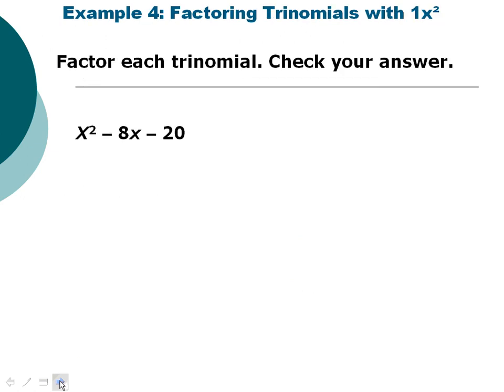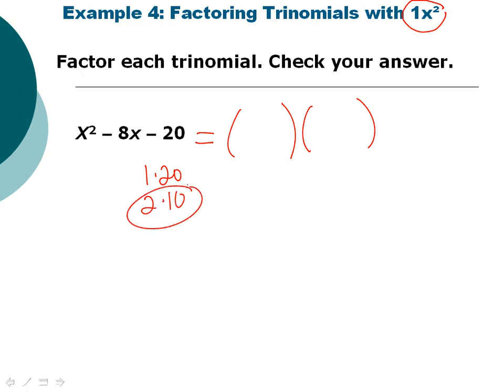Number 4 has factoring trinomials with a 1x squared. That means there's no number in front. All I have to do for these is just come up with the factors that multiply to give me negative 20 and add to give me 8. Well, I can start with 1 times 20. That doesn't work. 2 times 10, yes, that can give me an 8.